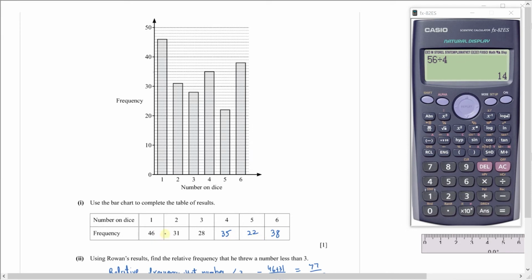But you can see here the relative frequency to get the number 1 is 46 over 200. For number 3 you have 28 over 200, and for 5 you have even less, 22 over 200.